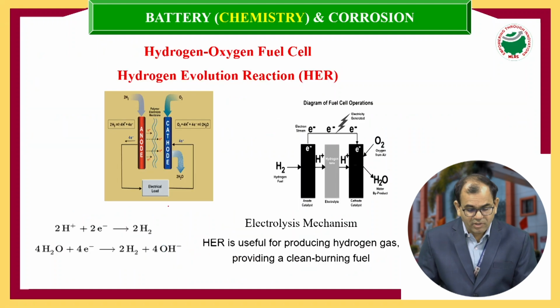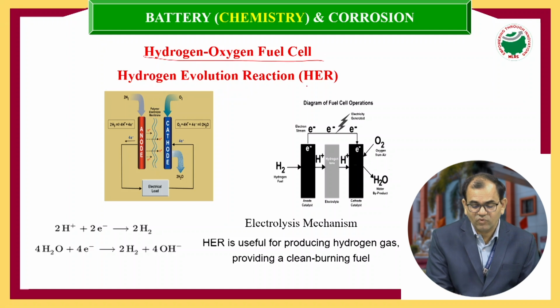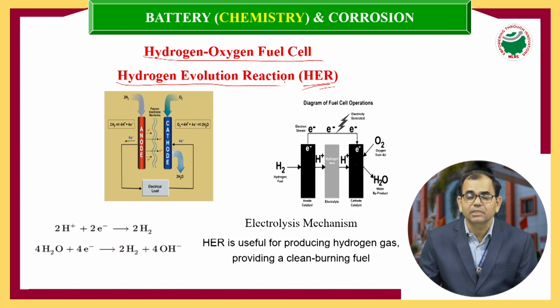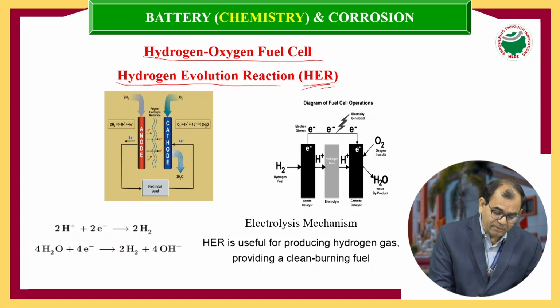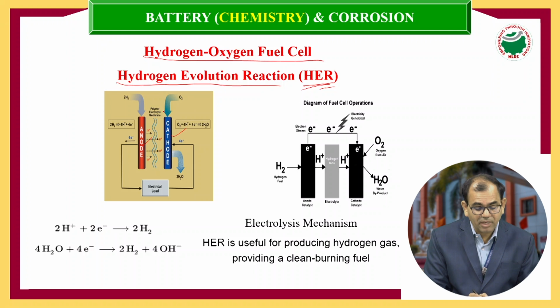Now here we can see the hydrogen oxygen fuel cell. This is one of the best examples of a fuel cell. Here the anode is there and the cathode is there. What's happening?